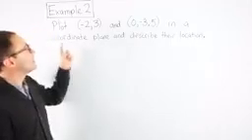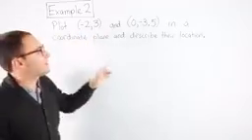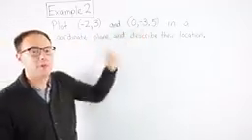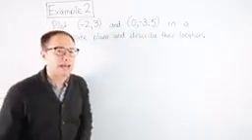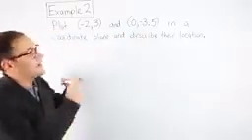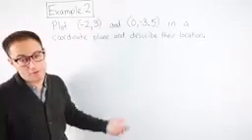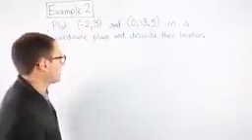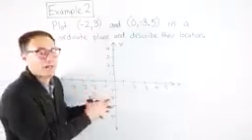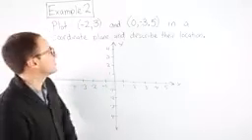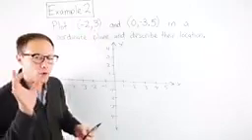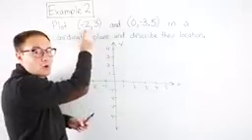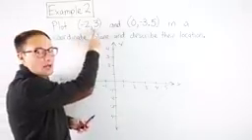Okay, example 2. Plot (-2, 3) and (0, -3.5) in the coordinate plane and describe their location. So I need to plot them in a coordinate plane. So my first job, make my coordinate plane. I've got my coordinate plane ready. Now let's plot our points. First one, (-2, 3). Again, remember, in an ordered pair, my x-coordinate comes first and then my y.